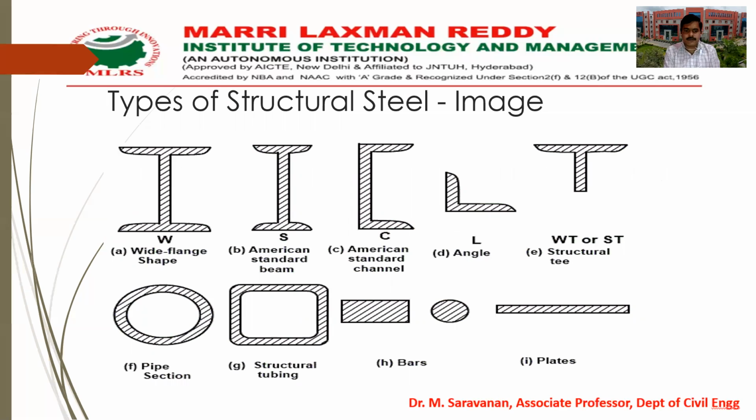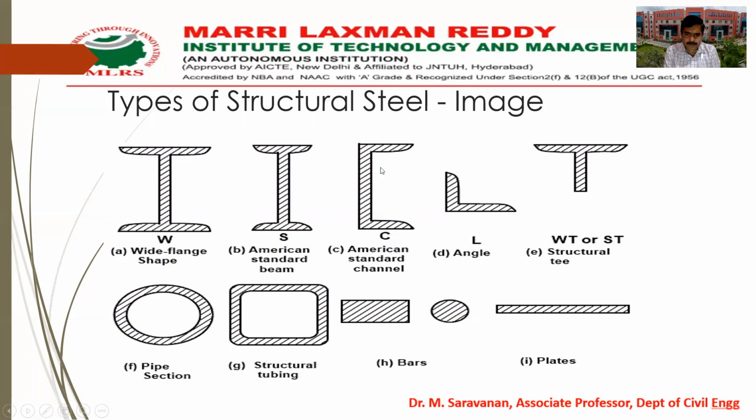These are images of different forms of structural steel sections, also called rolled steel sections. It is an I section, a wide flange I section, where the width of the flange is more. That is called wide flange I section.